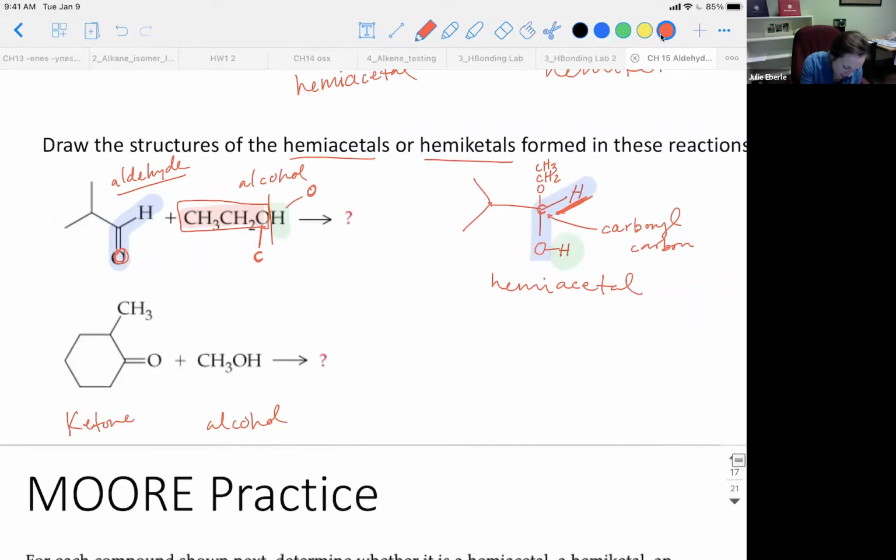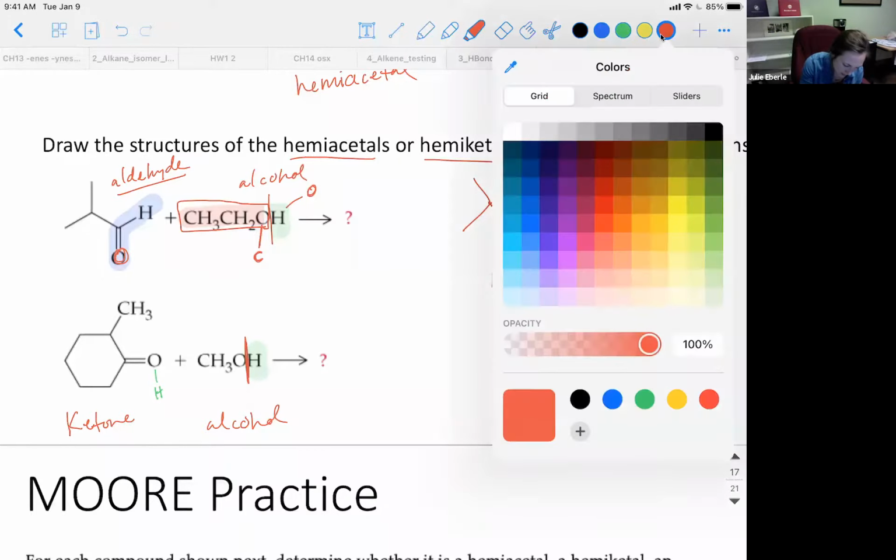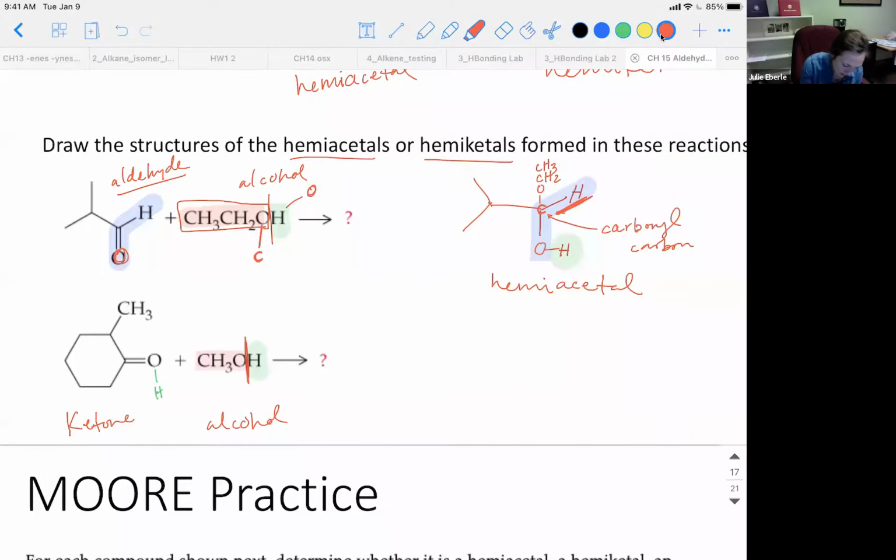We're going to break this alcohol apart right between the O and the H. This hydrogen is going to bond to that oxygen. That's the green part. And then I'll do the other part in red. The rest of my alcohol is going to be bonded off of this carbon, OCH3. And the double bond becomes a single bond.